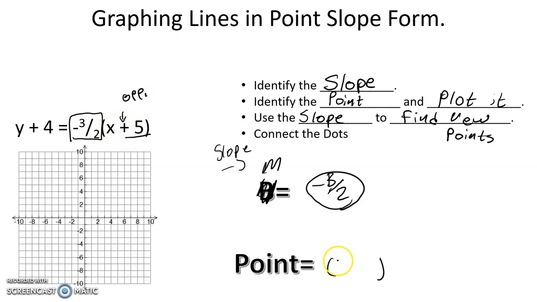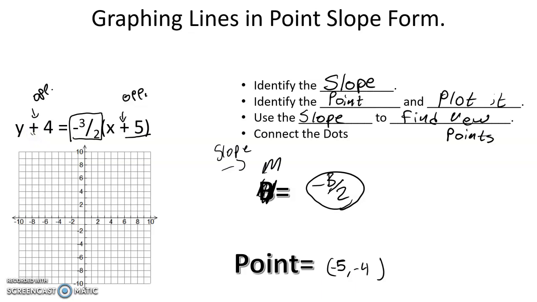My x value is a 5, but it's positive here, so it's going to be a negative in the point. And my y value is going to be a 4, but instead of positive, it's going to be negative. Always the opposite of this symbol right here.